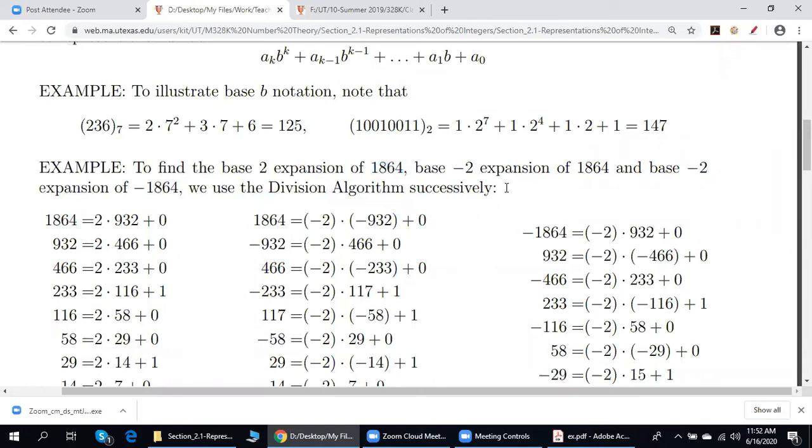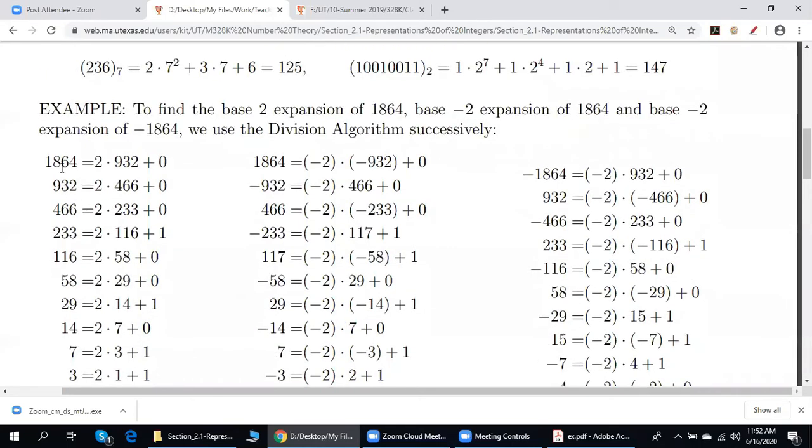The natural question is, how about base +2 expansion of -1864? Can we apply the same procedure? Well, guys, the answer is no.